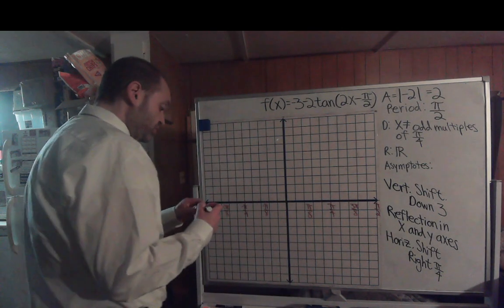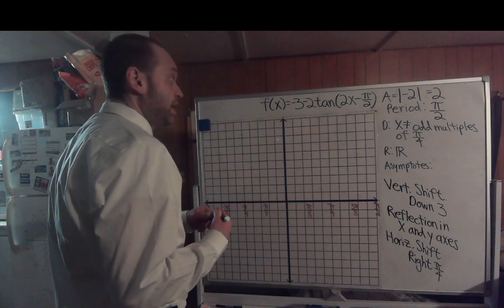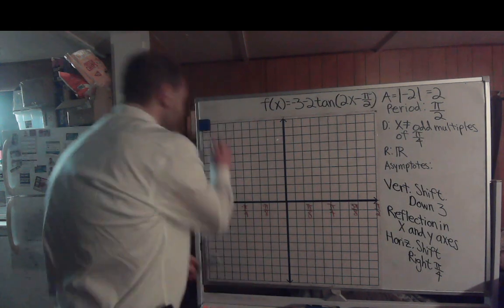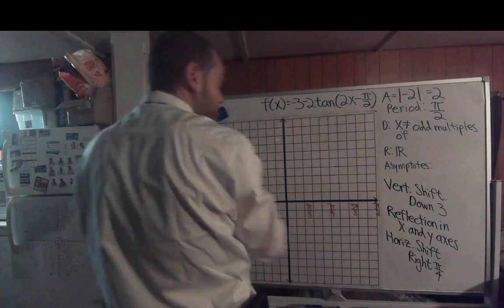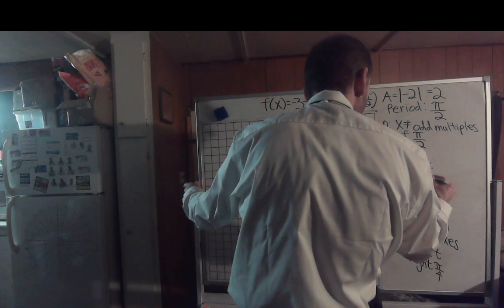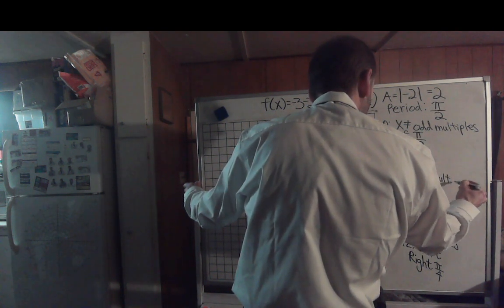Yep, so you would actually end up getting odd multiples, once again, of pi over 2, if you shift it to the right pi over 4. So we really kind of just went back to where we were. So that means the asymptotes will be at x equals odd multiples of pi over 2.